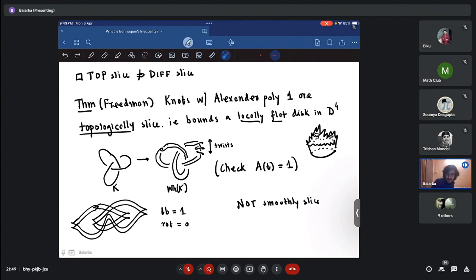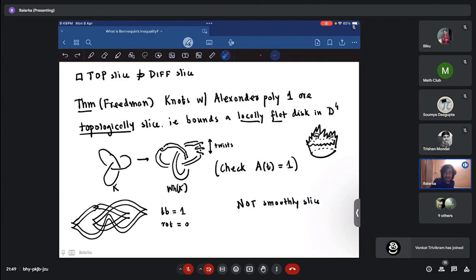And what Freedman proved in, I think, the late 80s, as part of his solution to the four-dimensional topological Poincaré conjecture, for which he eventually got the Fields Medal, was that there are knots which are topologically slice but not smoothly slice. And in fact, knots which have Alexander polynomial 1 are always topologically slice.